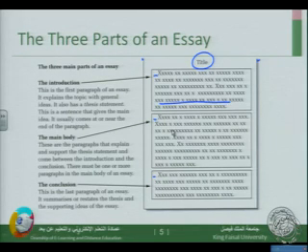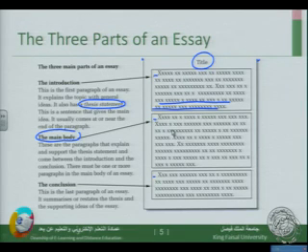It's either here or here. This is what we call the thesis statement: the author's main idea in this essay. So here's the first section in an essay, the introduction. The second one is the main body.